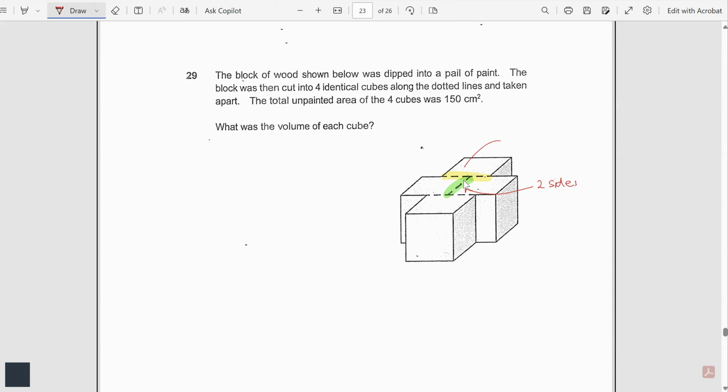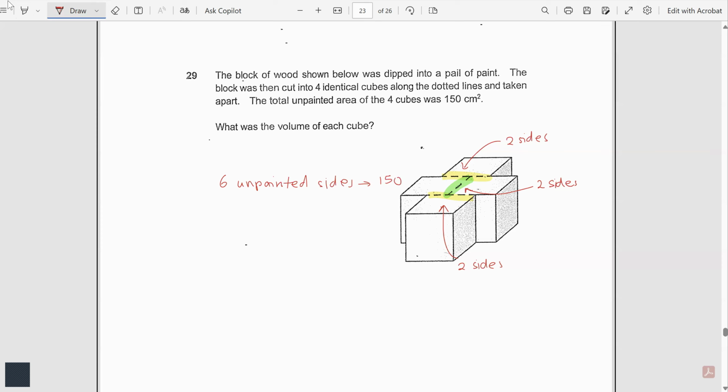So this yellow one will be two sides unpainted. Same for this other side here. This one will also give us another two sides. So total unpainted sides will be six sides.